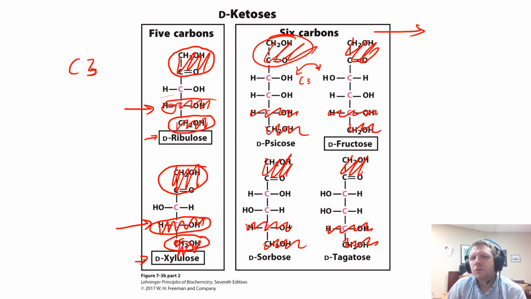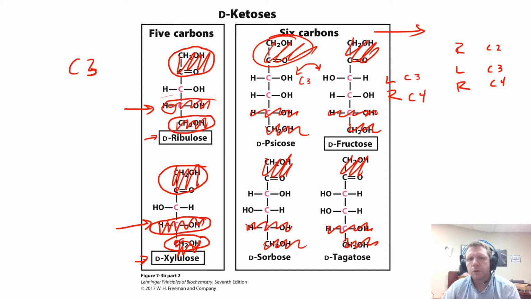And that all stems from carbon number 3. If you remember, our glucose model was RLR. So C2, C3, C4. Well, in this case, we've got the L and the R for C3 and C4. We couldn't do anything with carbon number 2 because that's our ketone, or our carbonyl oxygen.